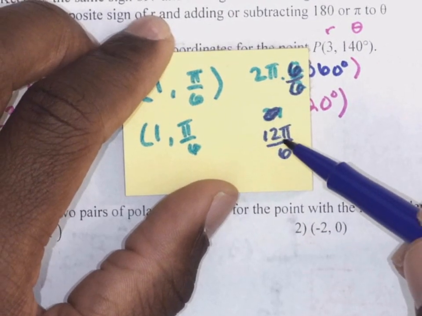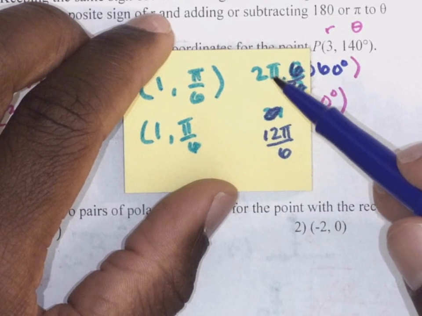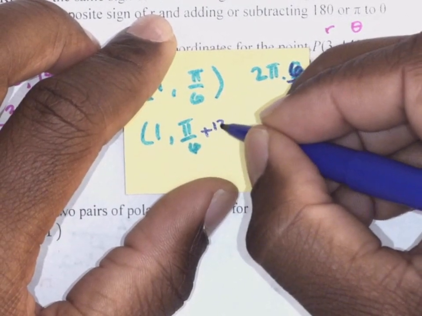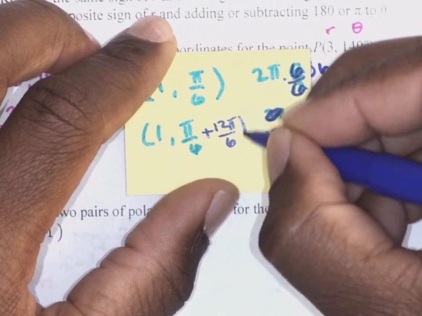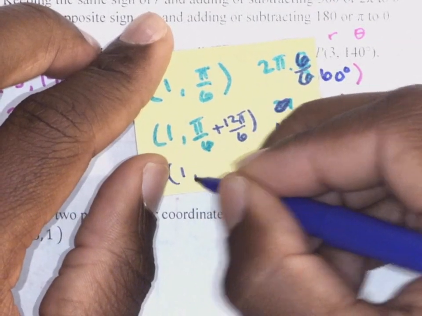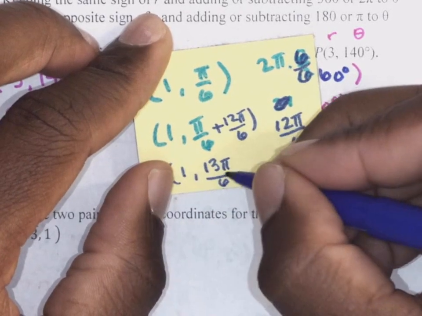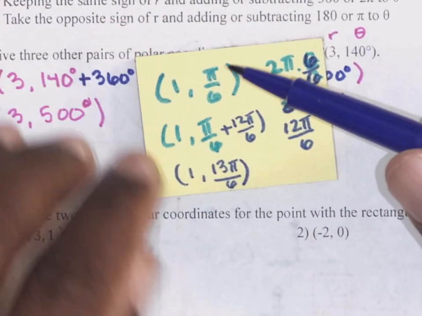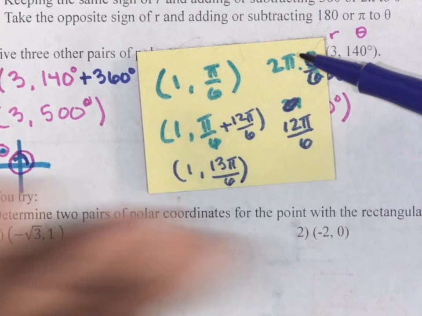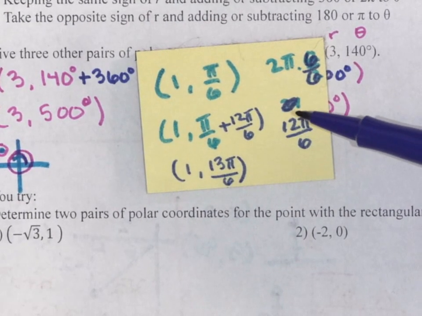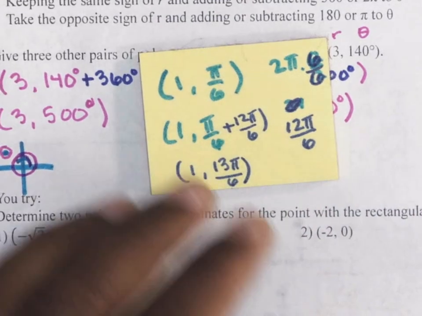Is 12 pi over 6 the same as 2 pi? Yeah, it is, so that's what I would add. And then I would get another angle of 13 pi over 6. So if it was a radian measure, you would have to convert how your 2 pi looks, which makes it a little bit hard. But the process is the same.